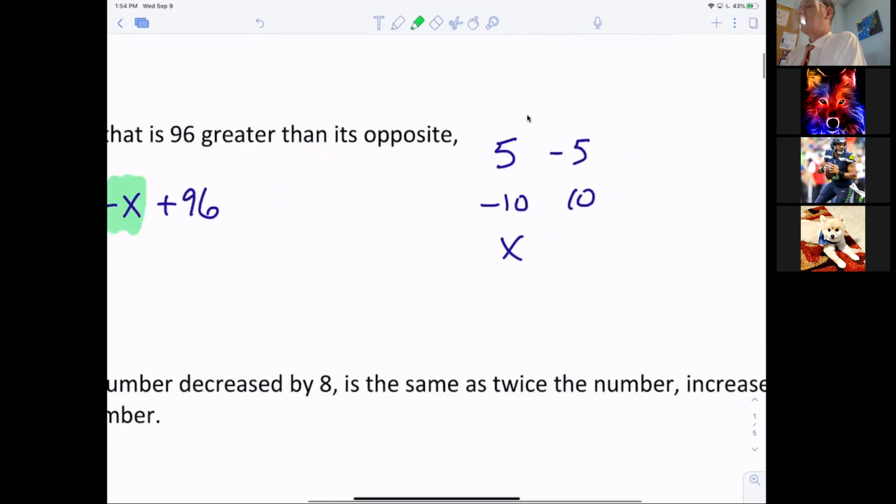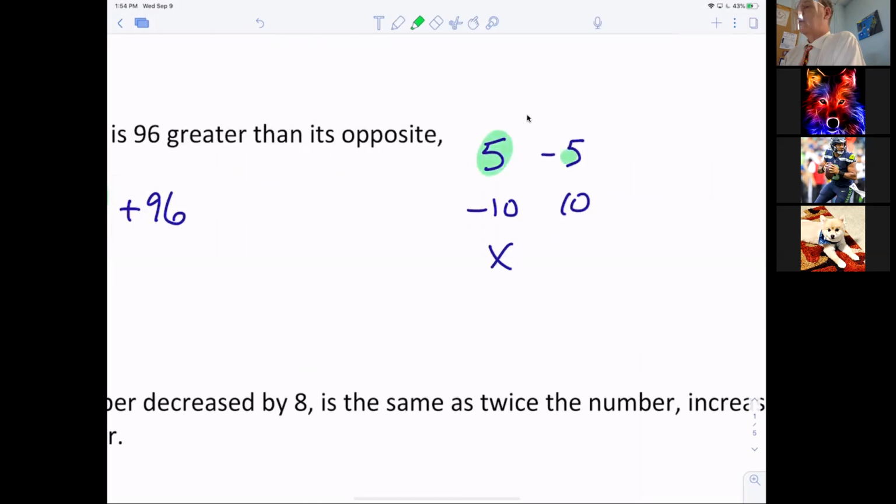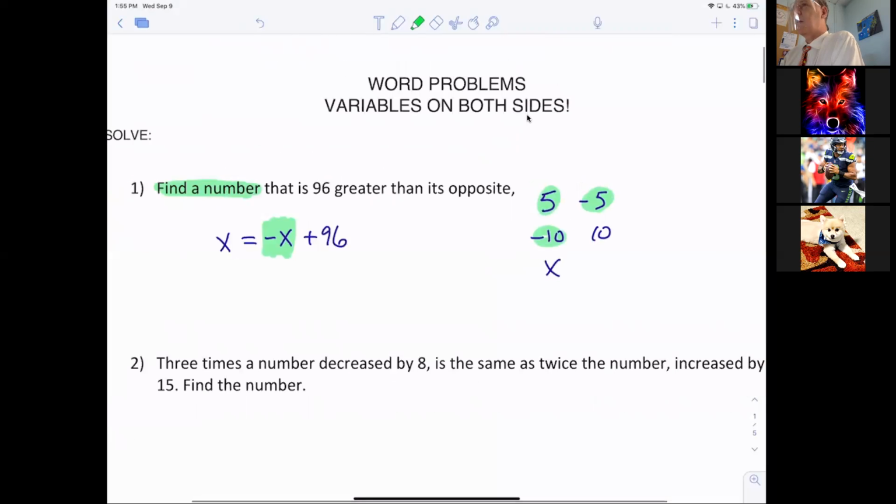What's the opposite of 5? What's the opposite of negative 10? Oh, I just thought it was asking about negative 96. Find a number that's 96 greater than its opposite. What's the opposite of x? Negative x.